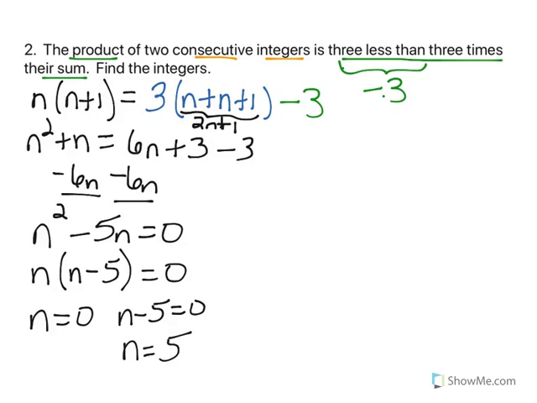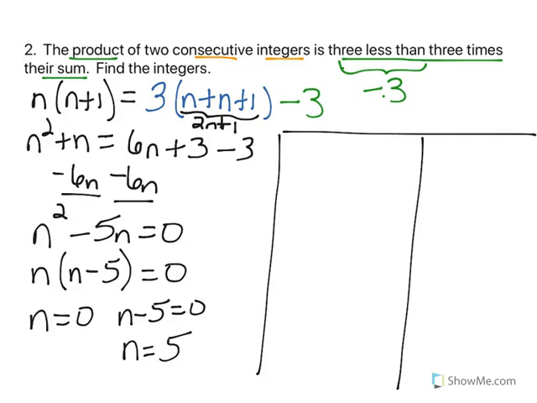Okay, now this one could have potentially 2 answers, because there's 2 sets of consecutive integers. One where n is 0, one where n is 5. So we will have 2 cases. So when n is 0, what's the next consecutive integer that'll satisfy this? So we're going to do n plus 1. If I plug in 0 for that, that gives me 1.